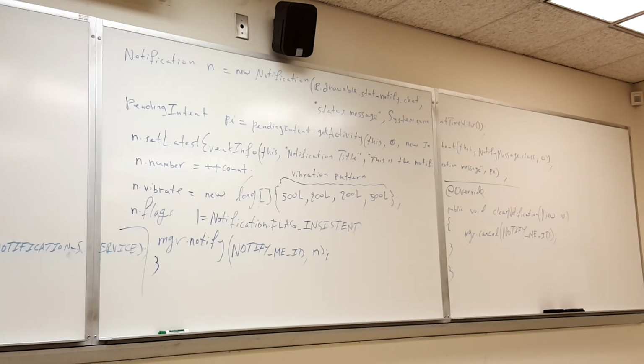And after that, you could have n dot LED, LED is LED light, on MS equal 1000, n dot LED off MS equal 1000.